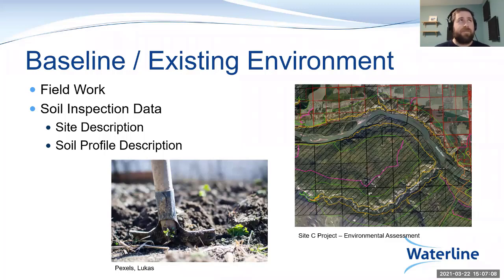And then from there, you're diving into the soil profile description. So this would be, for your students, if they're taking soil science specific classes, they would be learning about things like soil profile description, soil classification, the Canadian system of soil classification. There's a number of different soil classification systems around the world, depending on where you work. There is a World Reference Base soil classification system as well.